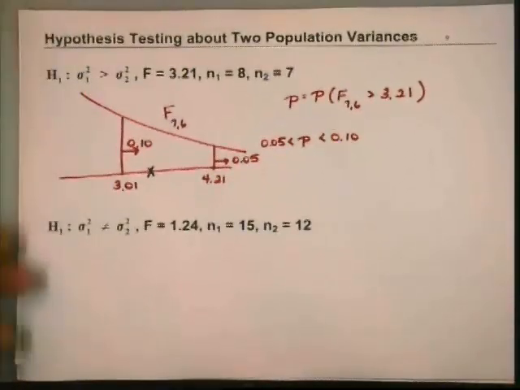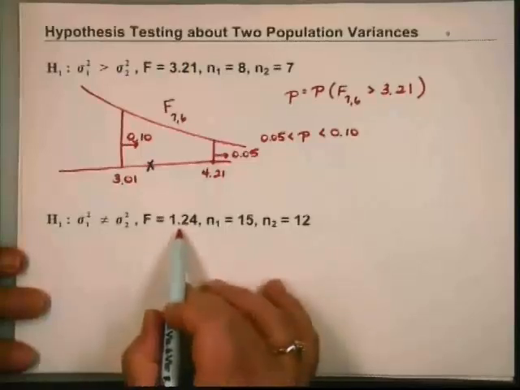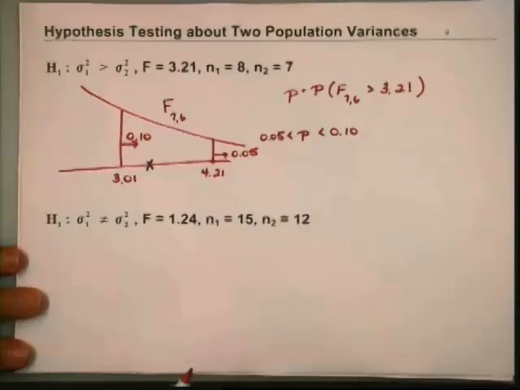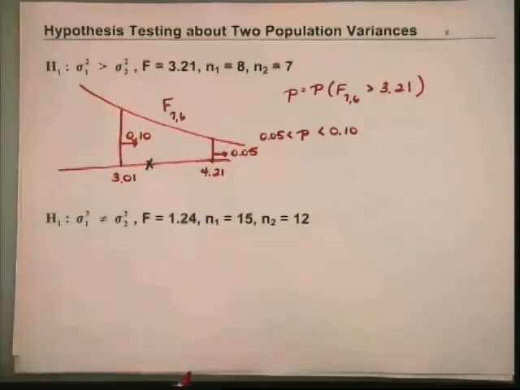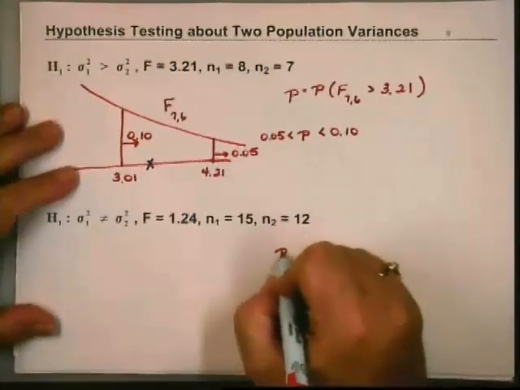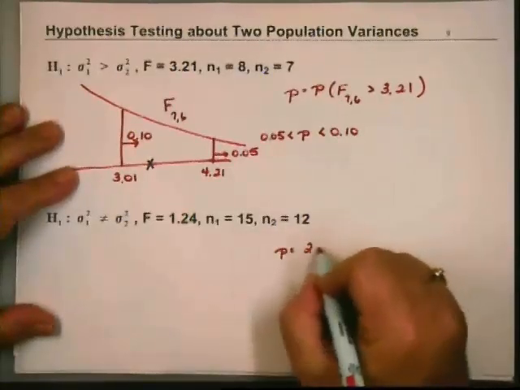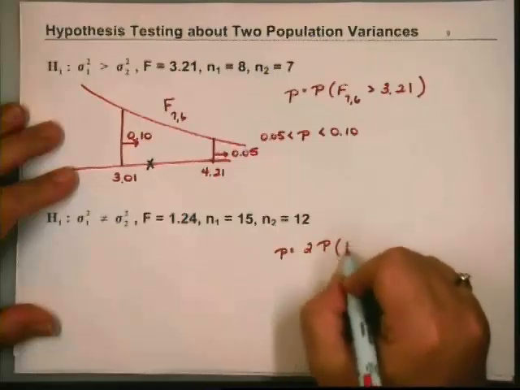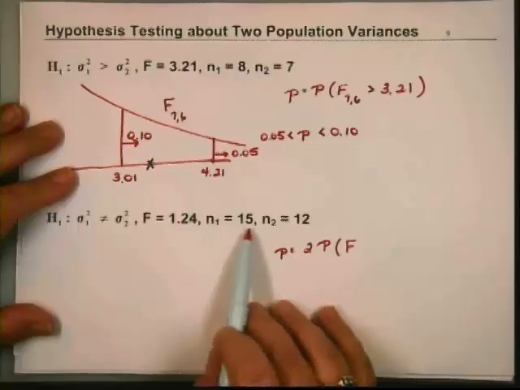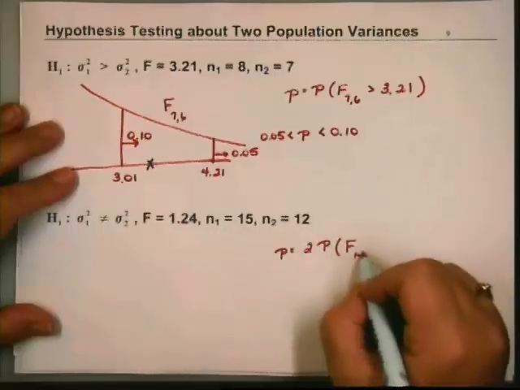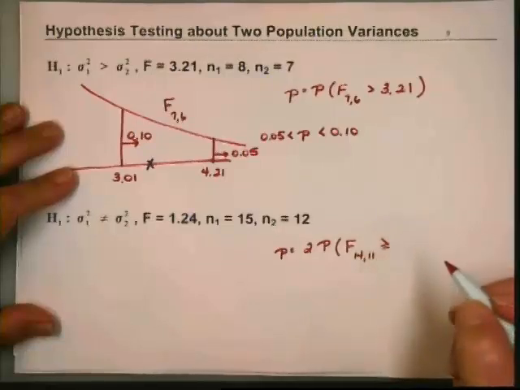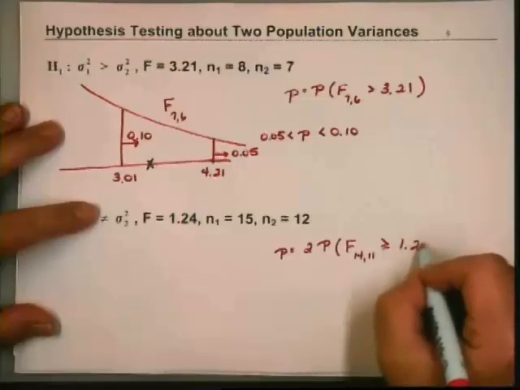All right, now we have a two-sided test. We calculated an F value of 1.24, and we have our sample sizes of 15 and 12 respectively. So that tells me my p-value is going to be 2 times something, because it's two-sided: 2 times the probability of a calculated F with 14 numerator degrees of freedom and 11 denominator degrees of freedom being greater than or equal to positive 1.24.